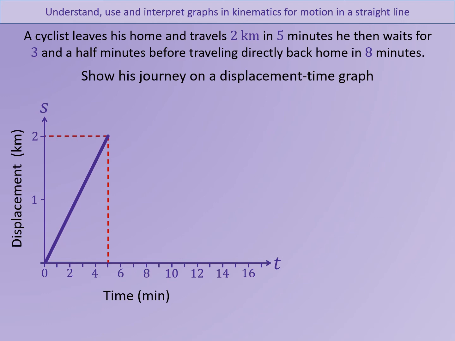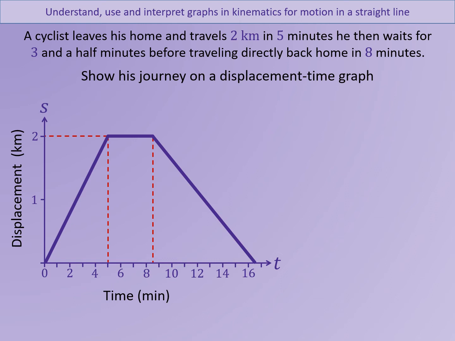The first section of the journey, which involves travelling 2 kilometres in 5 minutes, takes us to 5 minutes and 2 kilometres, so here. In this section of the journey, the cyclist waits, so the displacement does not change during that time.